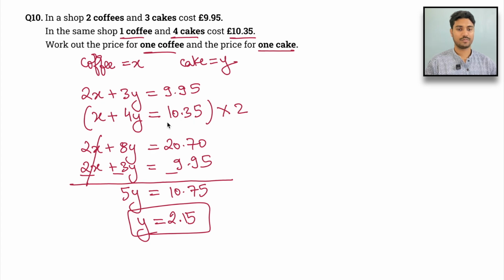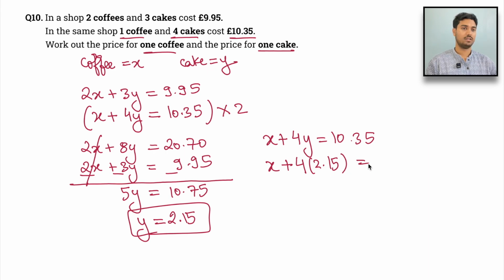For that, I'll use the second equation, that is x plus 4 times y equals 10.35. So x plus 4 times 2.15 equals 10.35. So x equals 10.35 minus 4 multiplied by 2.15, that is 8.6.